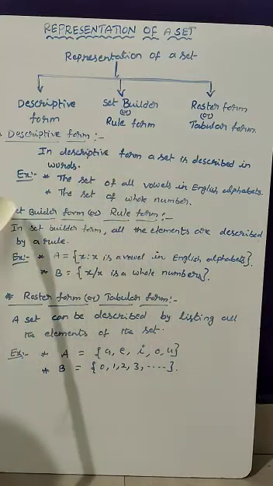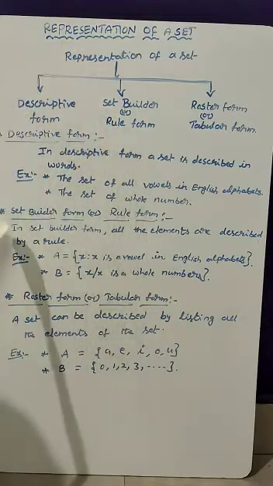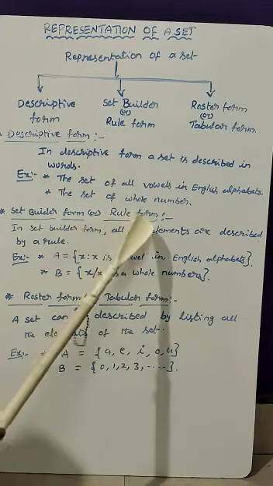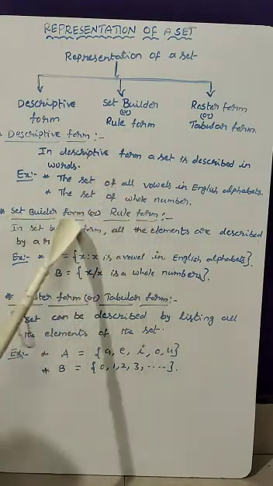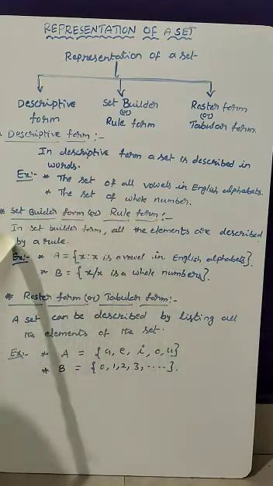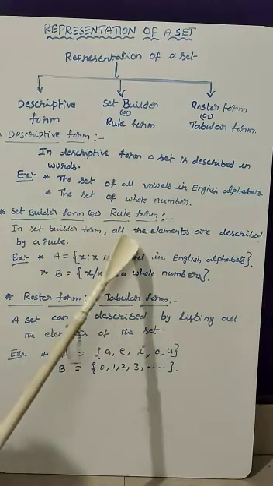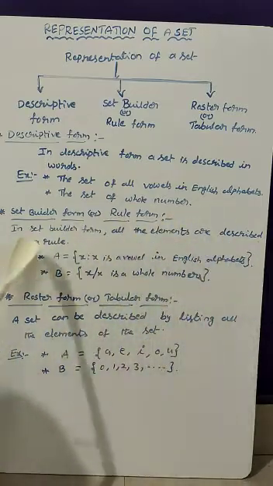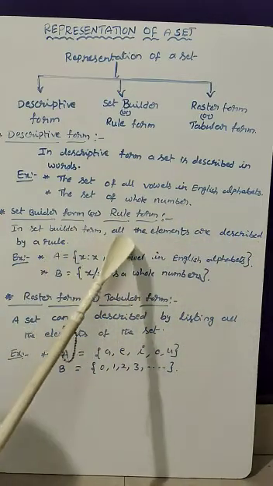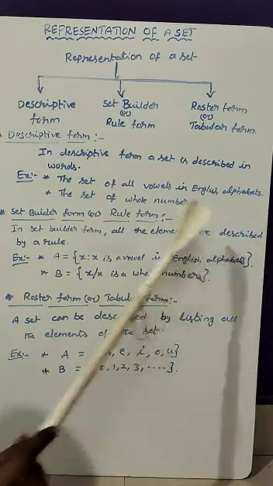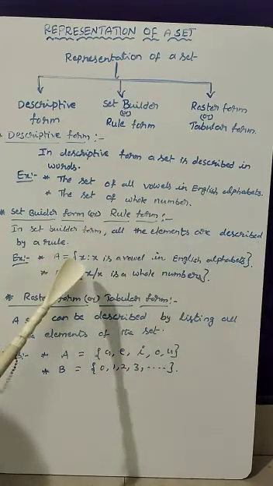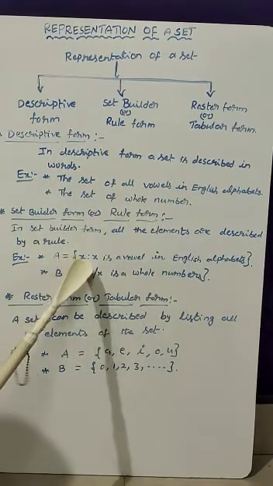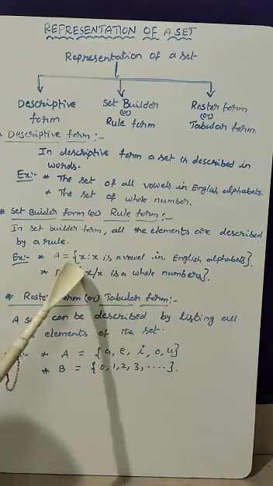And then the second definition is set builder form or rule form. In set builder form, all the elements are described by a rule. Rule means you have to use x such that within brackets.